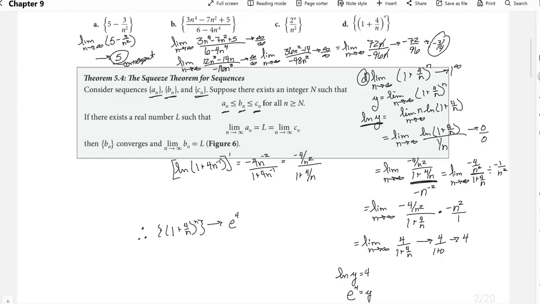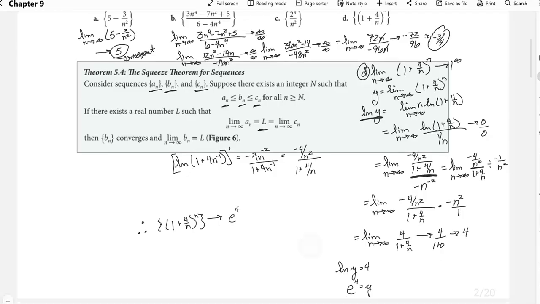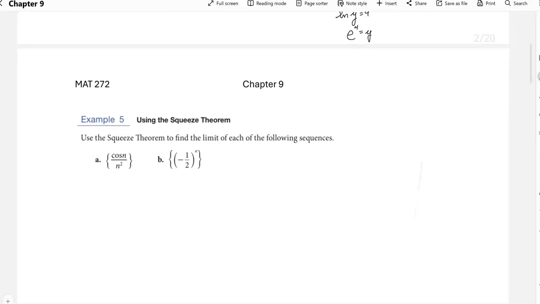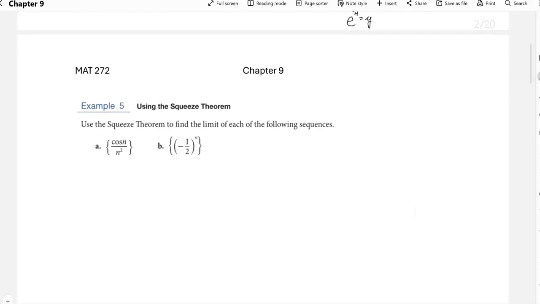If we know that A sub n and C sub n both go to the same place, we'll call it L, then it's going to force B sub n to go to L also, because those values live between the other 2 sequences. So it's kind of squeezing B between 2 things that we know. Let's look at a couple of examples of where we could use that squeeze theorem.